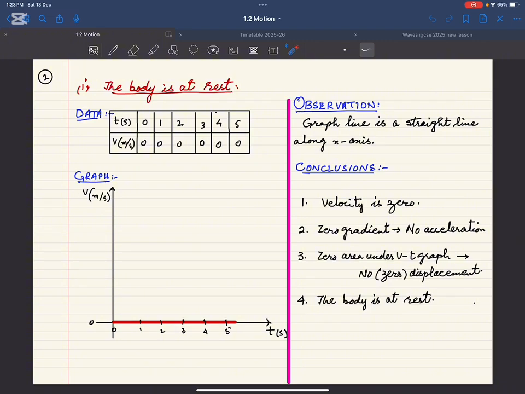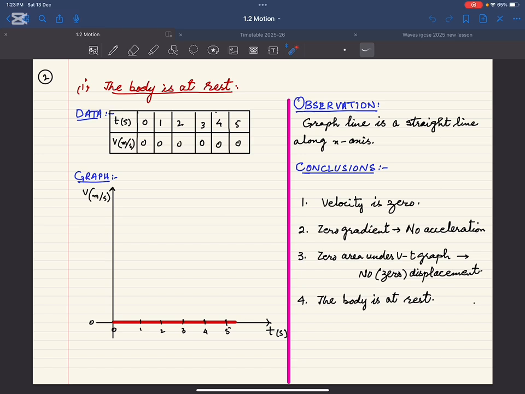Obviously the velocity is 0, so the line is along the x-axis. The observation is that the graph line is a straight line along the x-axis, and the conclusion we can draw is, first, that the velocity is 0.